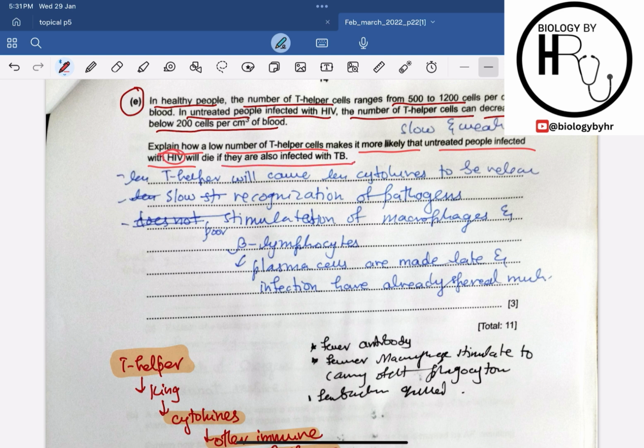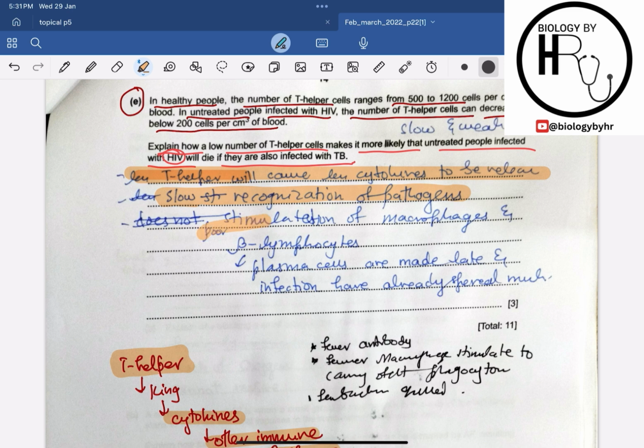We know that in HIV the T helper cells will be fewer, right? So fewer T helper cells will cause fewer cytokines to be released, so the pathogen or foreign antigen cannot be recognized very quickly. It will be slowly recognized, right?